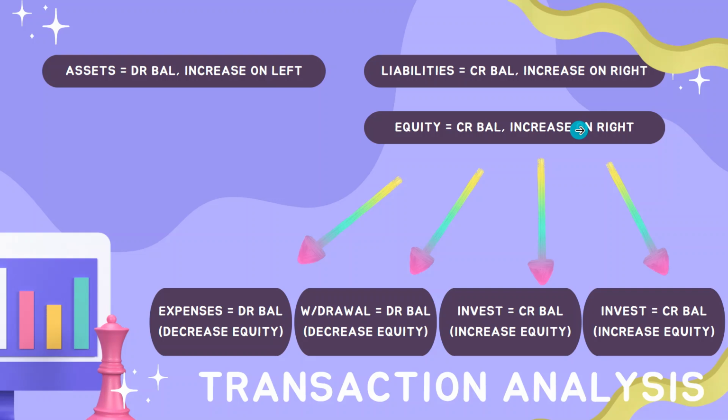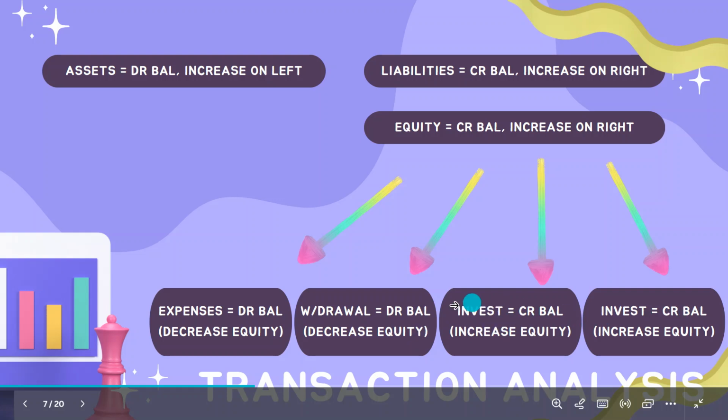Equity increases on the right. What you own minus what you owe equals your net worth. The value of your company is right here. Throughout the month, you're going to have things that affect the value of your business. These are the things that affect the value of your business.